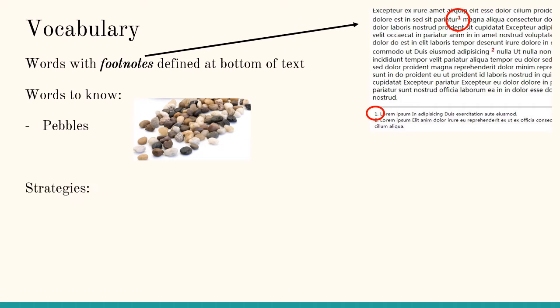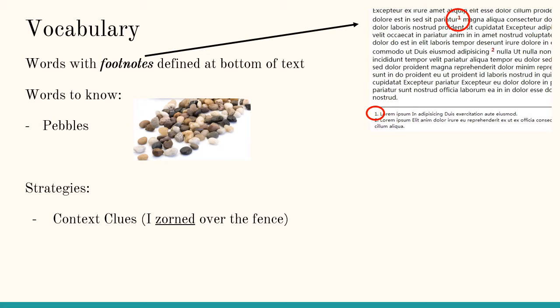Some strategies as you are reading if you come across other unfamiliar words. First one is use your context clues, right? And what that means is to use all the words around the word you're not sure about to figure out what that word means. My example here is I zorned over the fence, right?